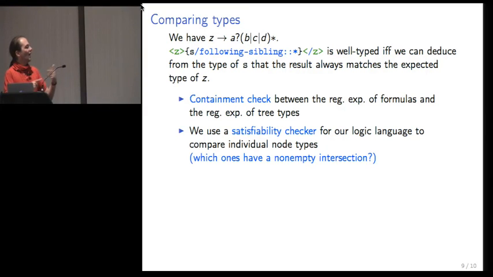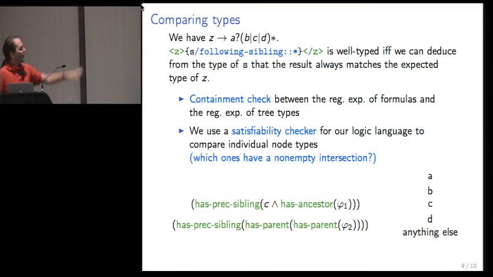I will first compute which ones have a non-empty intersection between these formulas on the left and the types on the right. And I also need to check whether one formula can correspond to anything else than the types A, B, C, and D. So I will do that using a satisfiability checker.